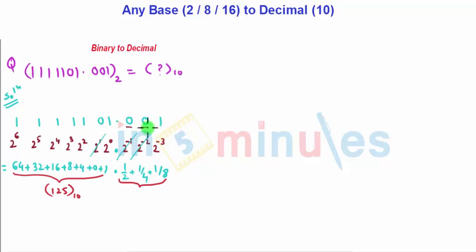For this 0 and this 0, that term will not be present. So I cut down to this, and the final total will be 1 by 8. Hence the answer is 0.125, because 1 by 8 corresponds to 0.125.